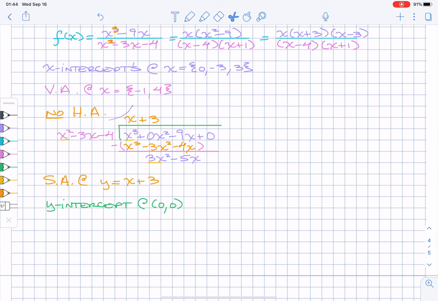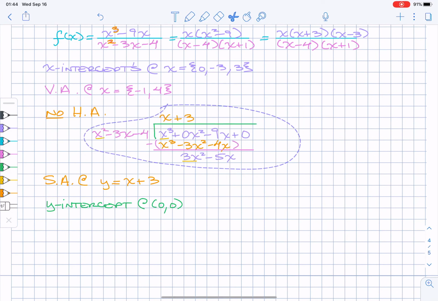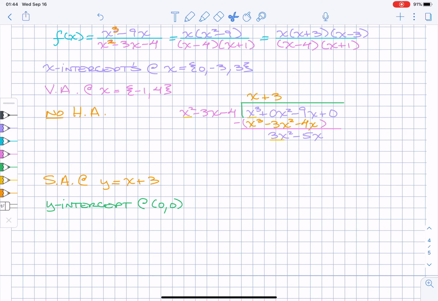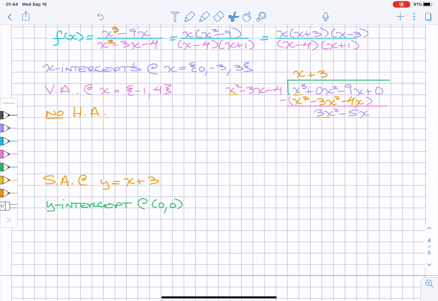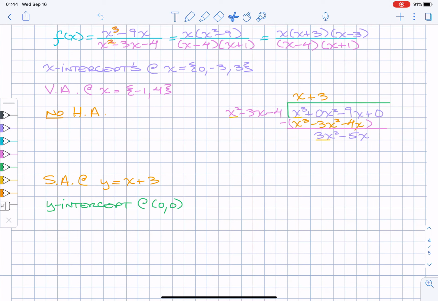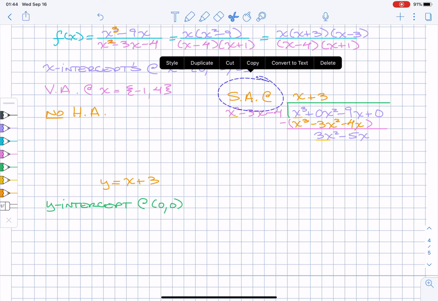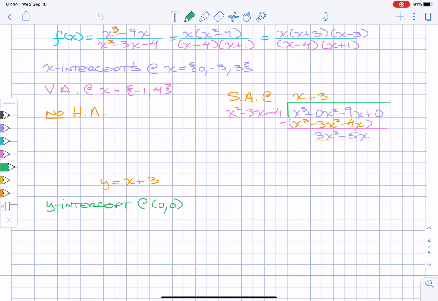Well, maybe I can. I'll put this here. And I'll say slant asymptote at y equals x plus 3. I'll just put that up there. I'll put my y-intercept over here.